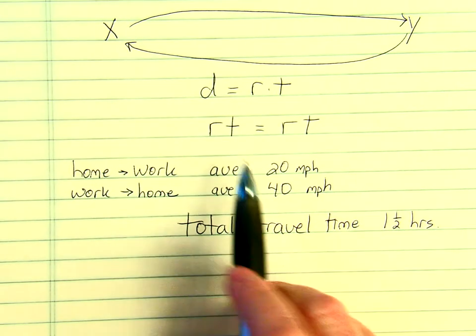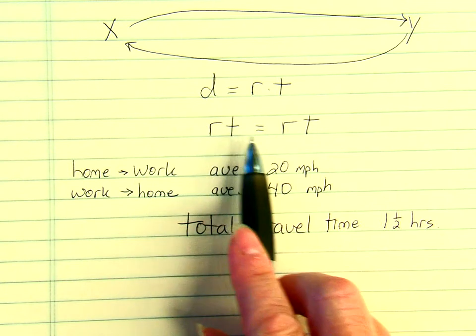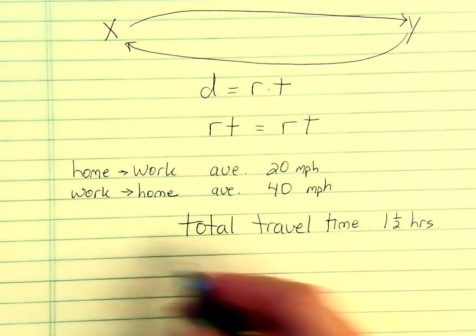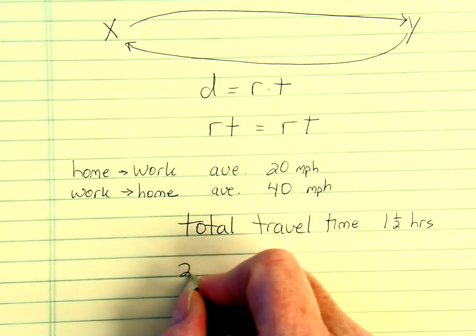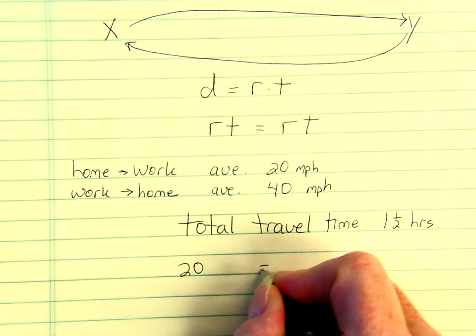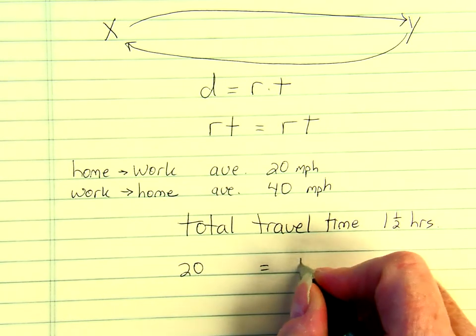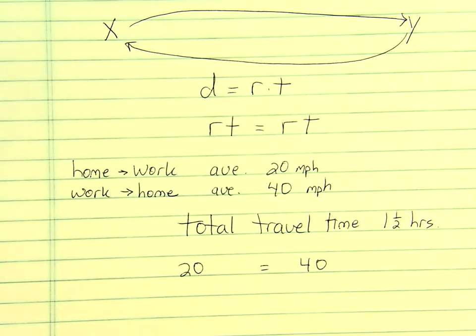Okay, so we know we are dealing with rate times time equaling rate times time. So we've got a rate of 20 going, a rate of 40 returning.